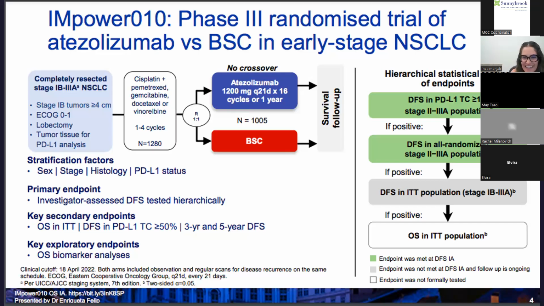The disease-free survival was first tested in the PD-L1 equal or over 1%, stage 2 to 3A population, and if it was positive, then they evaluated the all-randomized population, and if it was positive, the disease-free survival was tested in the intention-to-treat population, stage 1B to 3A, and if it was positive, the overall survival was evaluated in the intention-to-treat population.